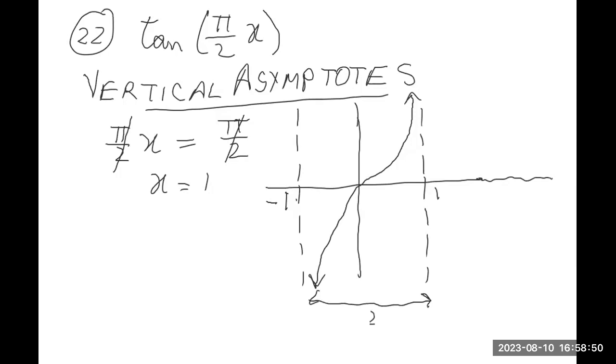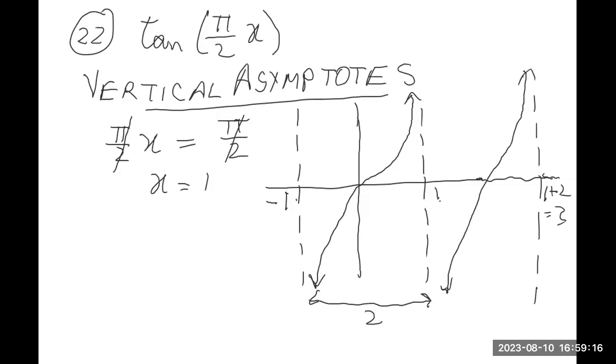So the next one will be removed by 2 from the x equals 1 vertical asymptote. So you add 2 to that 1 and you get a 3. And then the graph itself will look like this.